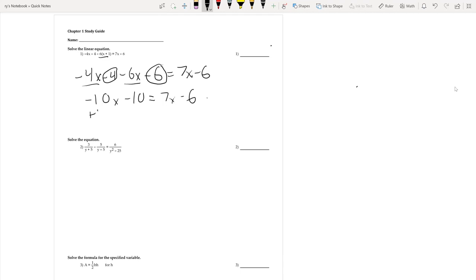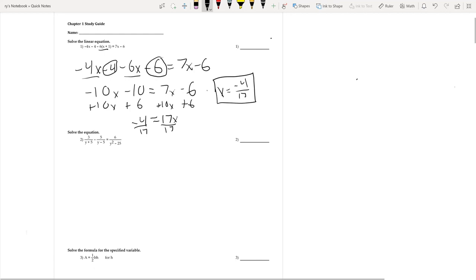I'm going to add 10x to both sides, and add 6. So I end up getting negative 4 is equal to 17x, divided by 17. I'm getting x is equal to negative 4 over 17. And that is really it for number one.